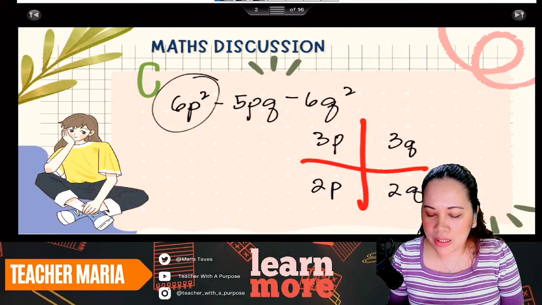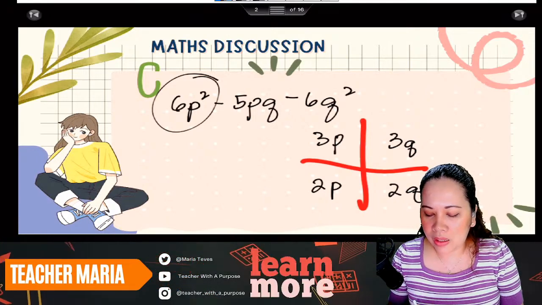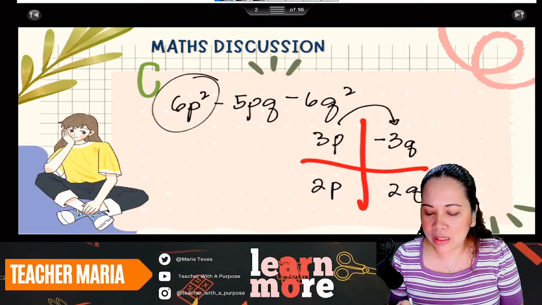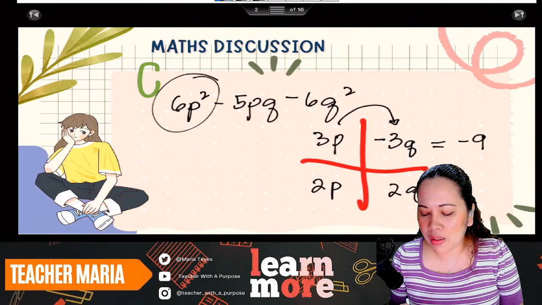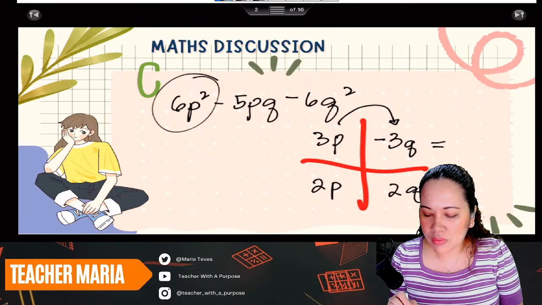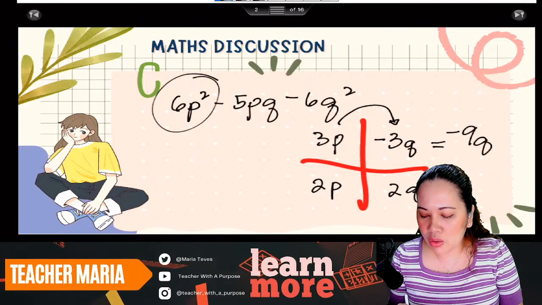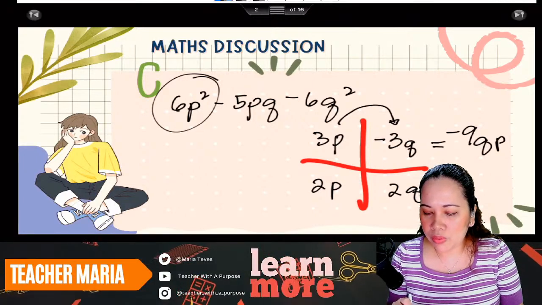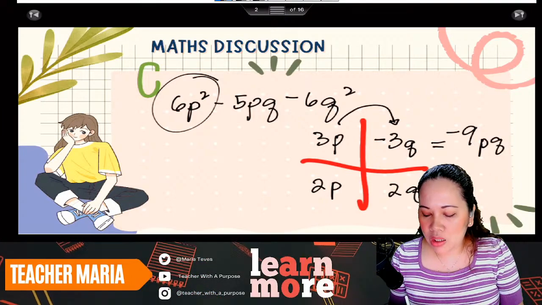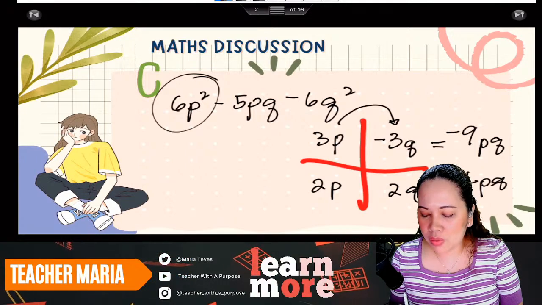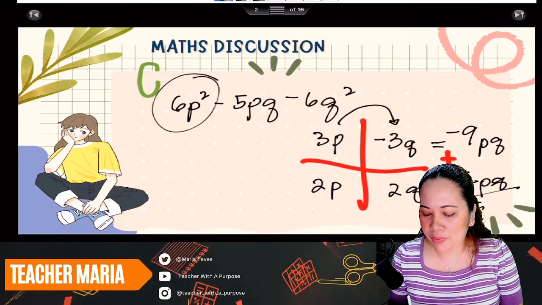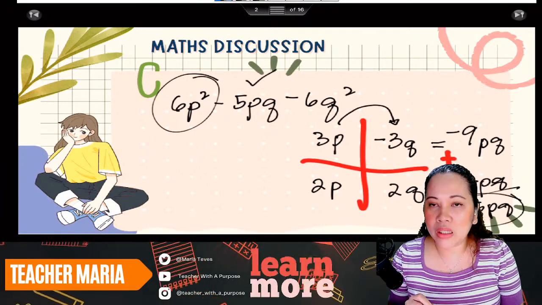Since that's a negative 5, I'll have this as negative and this as positive. So 3p times negative 3q will get negative 9pq, and then positive 2pq. So when you add this, you will have negative 5pq, which is the middle term.